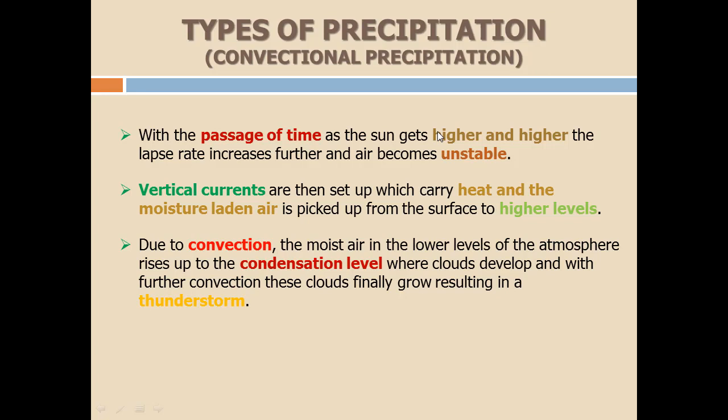Vertical currents are then set up which carry heat, and the moisture laden air is picked up from the surface to higher levels. Due to convection, the moist air in the lower levels of the atmosphere rises up to the condensation level, where clouds develop, and with further convection these clouds finally grow, resulting in a thunderstorm.